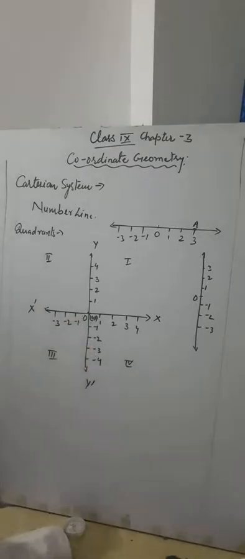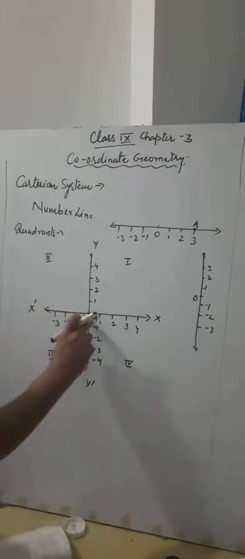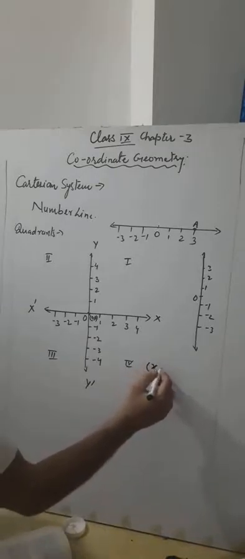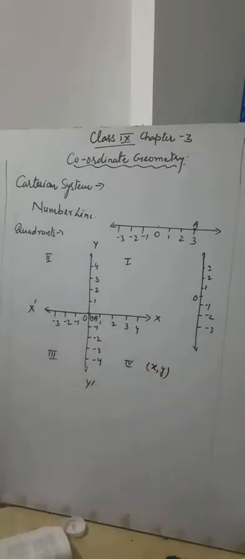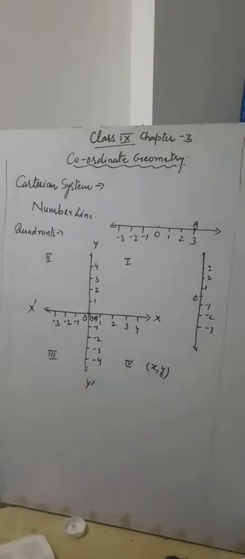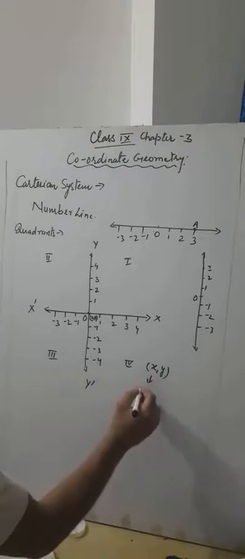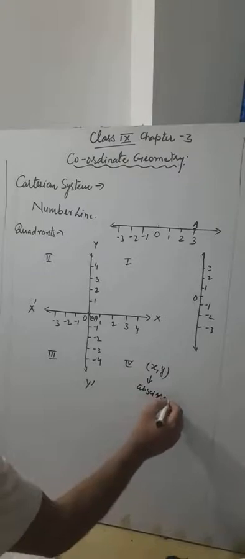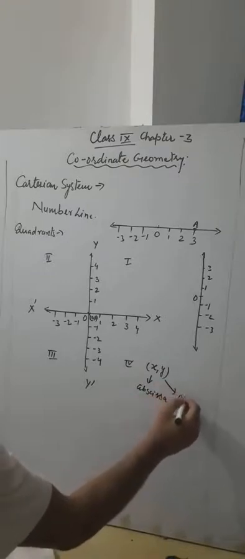The first number is called abscissa, and the second number is called ordinate. Means the first, x, is called abscissa, and the second is called ordinate.